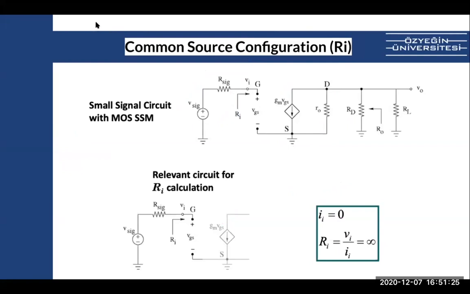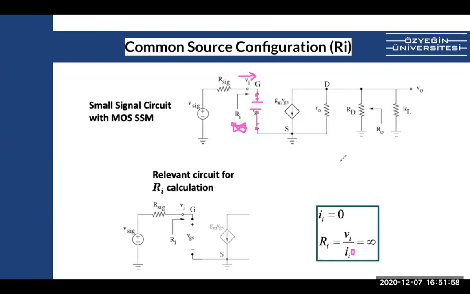For instance, if I ask you what is the input impedance of this, well, there is no current getting into the circuit because in the small signal model this is open, and because there is no current, Vin divided by 0 current, the input impedance is infinite, right? But you'll learn that in the actual CMOS, there will be a capacitance here, so it won't be as simple as it is here.